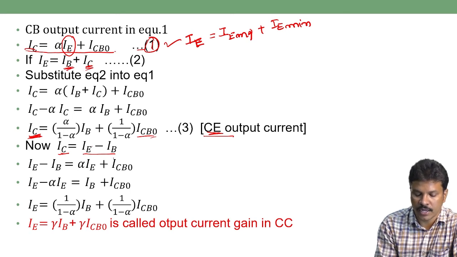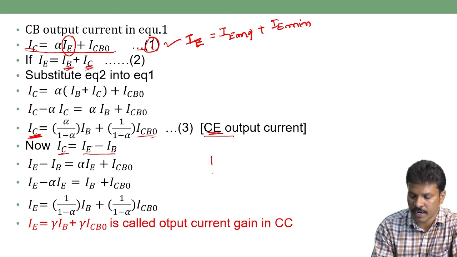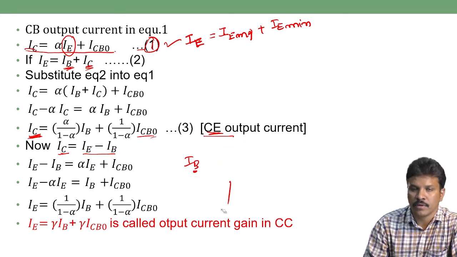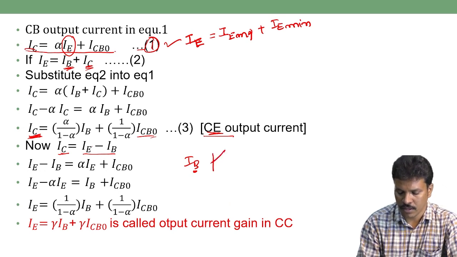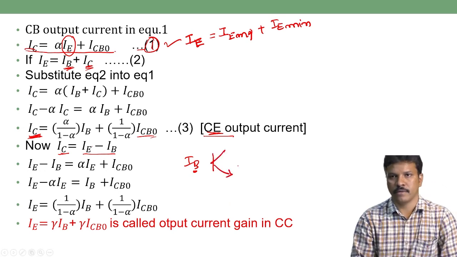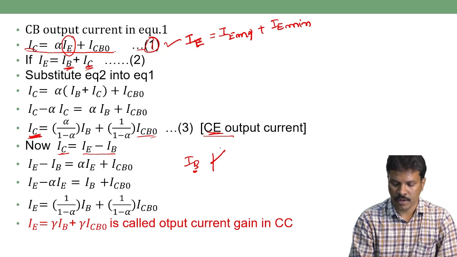Here in the common collector, what is the input and output current relation? Input is the base, output is the emitter current.